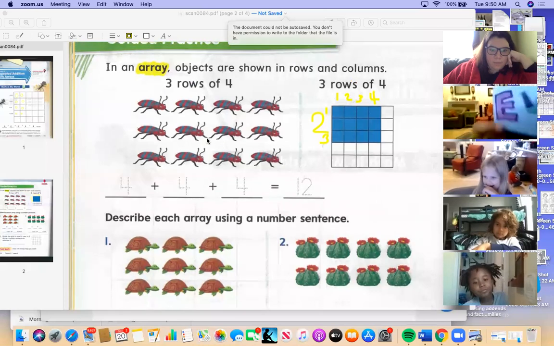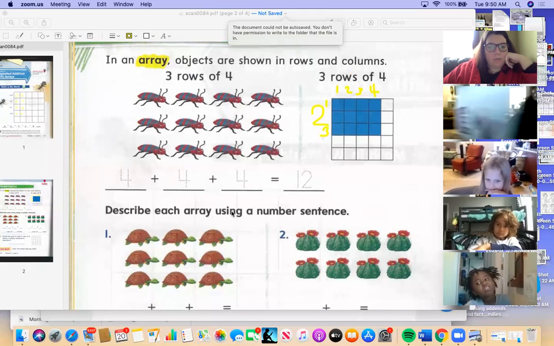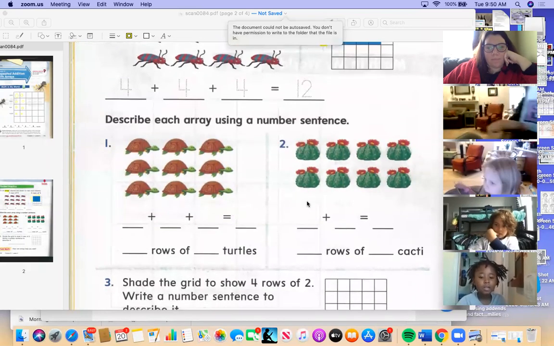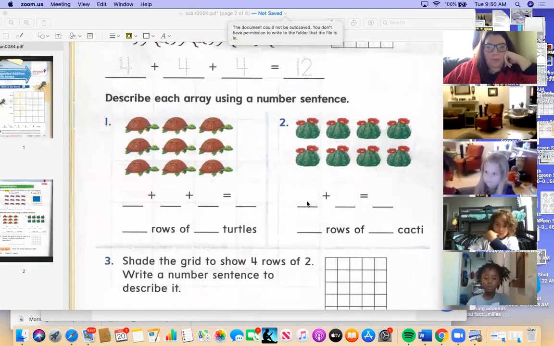So we remember our repeated addition, 4 plus 4 plus 4 equals 12. So we have picture forms of arrays here.